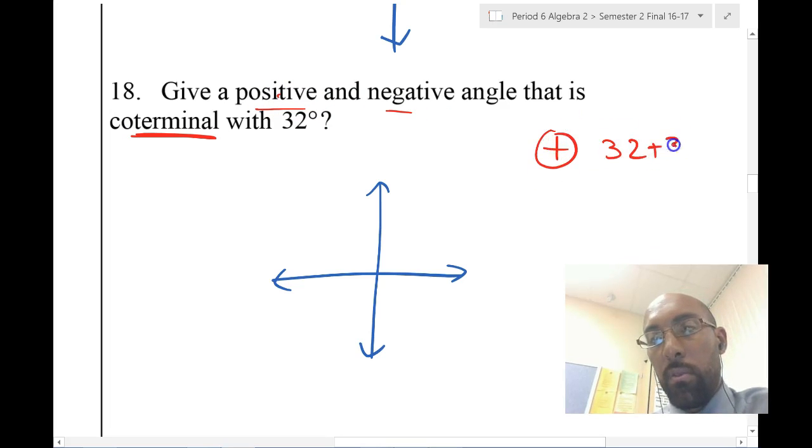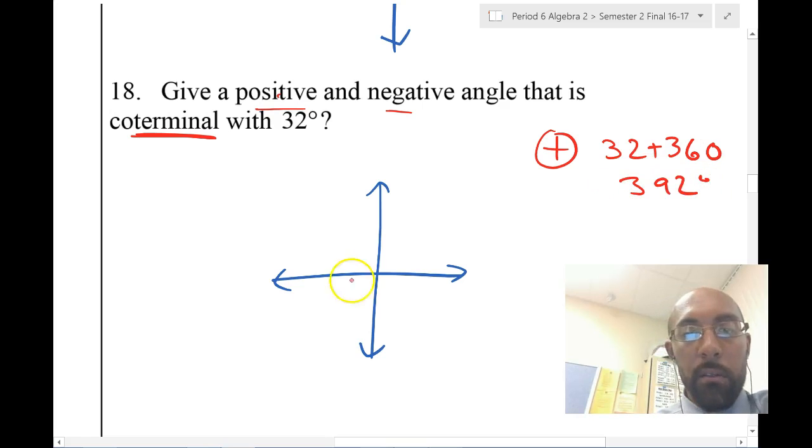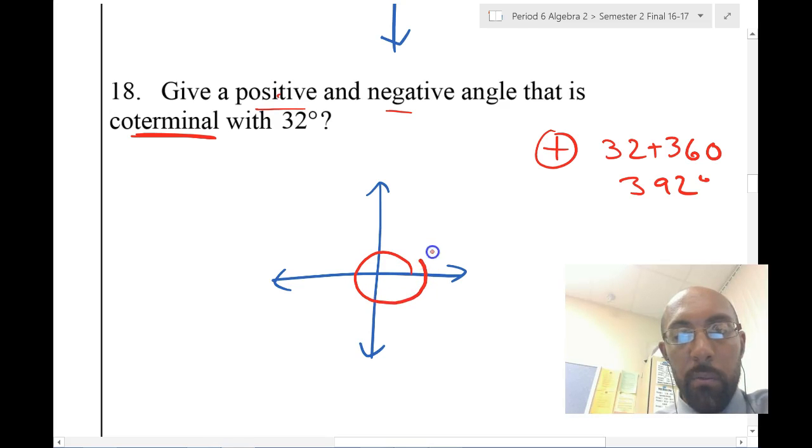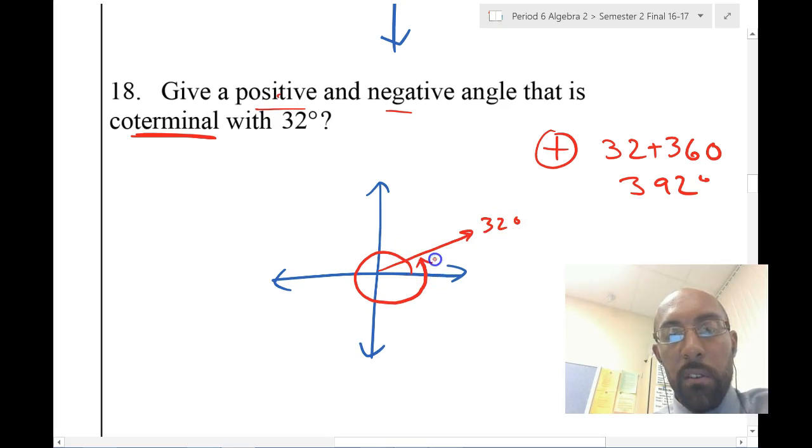So 32 plus 360 is simply 392. That would mean one full turn all the way around plus an additional 32. So we'll draw that all the way around and somewhere about right there, right? Because here's 32 to begin with. So all the way around that'd be 392.